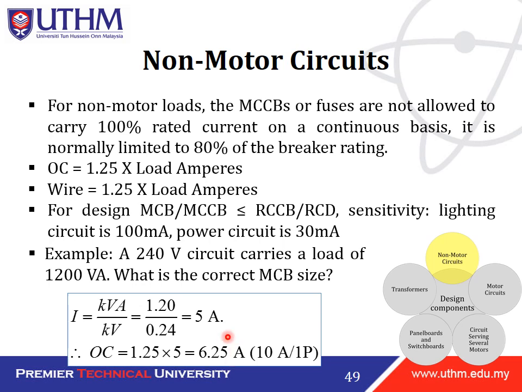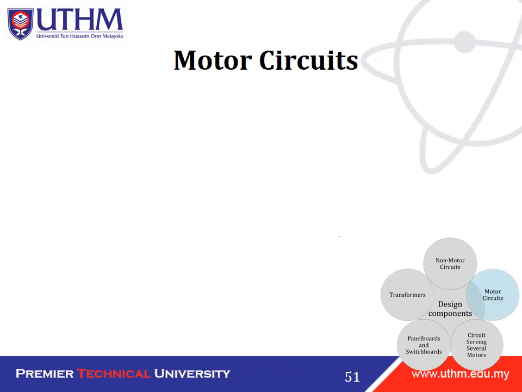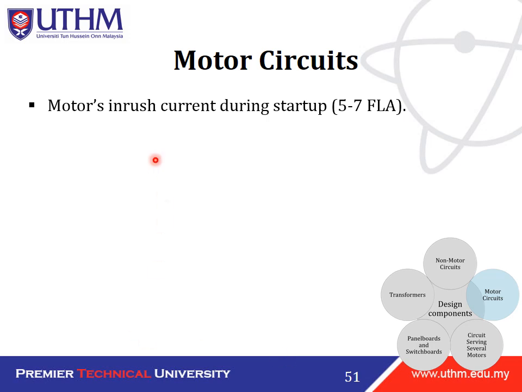Since we don't have this kind of MCB, we take the MCB of 10 amp. And then for the motor circuit, we have a motor inrush current during start up, usually 5 to 7 FLA.